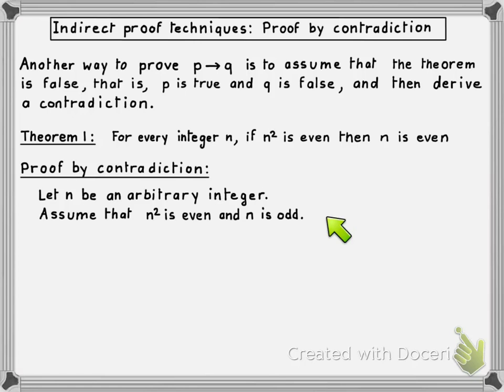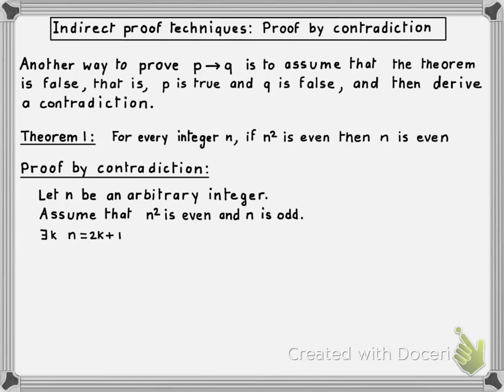And we already know from previous experience that it is pretty hard to infer something from n squared being even. That's what we tried in a direct proof. So let's start from the second operand of the conjunction here, this one, and see if we can derive a contradiction. So since we just assumed that n is odd, we can infer by definition that there must exist an integer k such that n is equal to 2k plus 1.